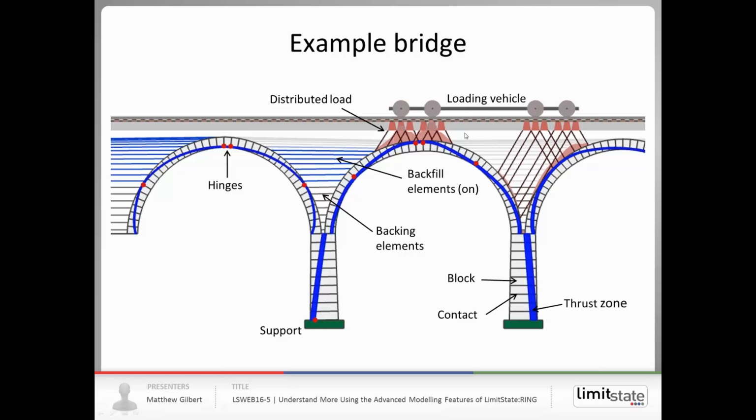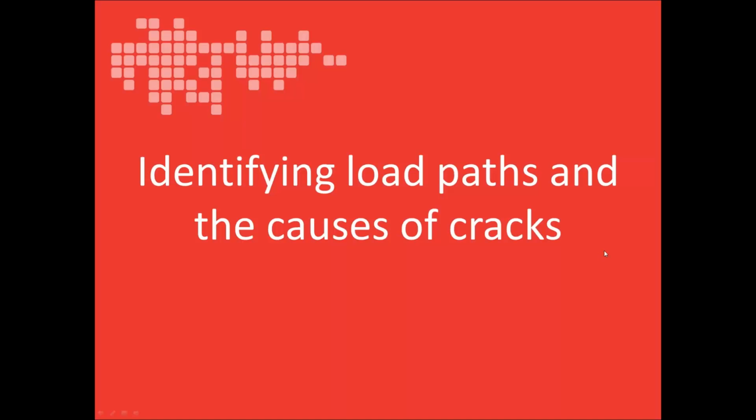We also see a loading vehicle with dispersed loads, and we can also see blocks and contacts quite clearly, and hinges highlighted in red. Okay, so that's a very quick introductory description of the software and how it works.